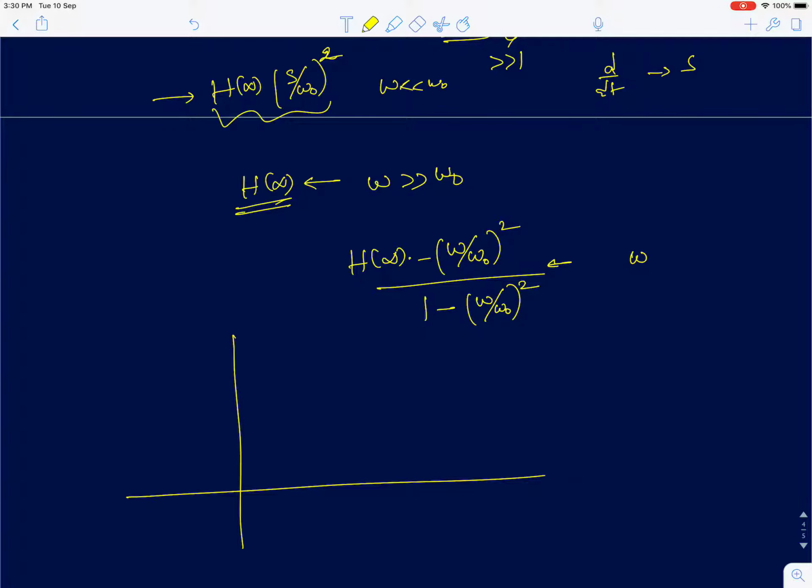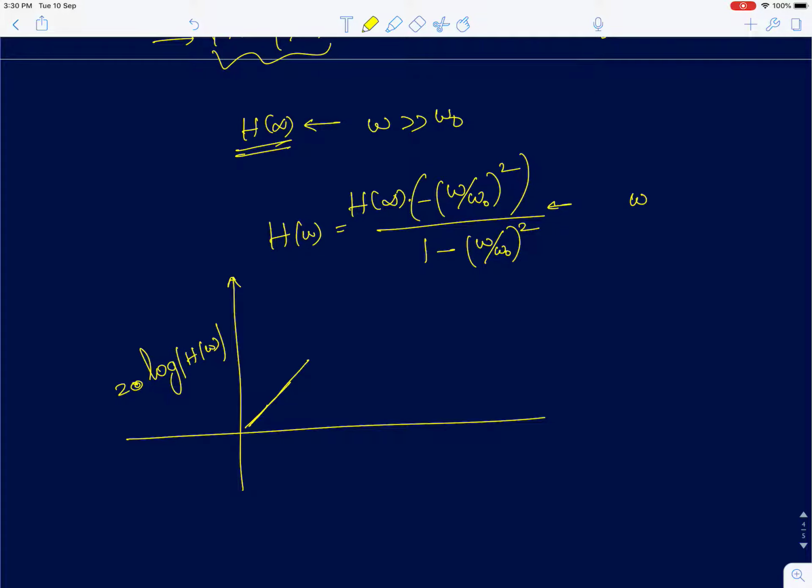This function at omega equal to 0 is going to rise with a slope. I'm going to plot this response on a logarithmic scale. This will be mod of h of omega, where h of omega is the transfer function here. For low frequencies, I said we can ignore this term, and it will reduce to h infinity into omega by omega naught the whole square. I'm plotting only the magnitude; it is actually the minus of this.